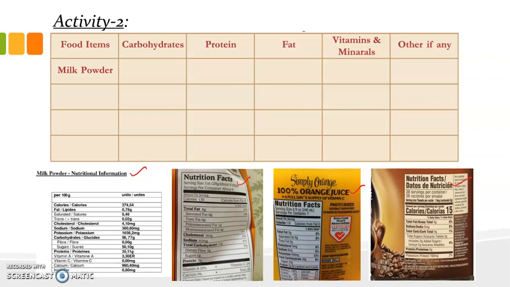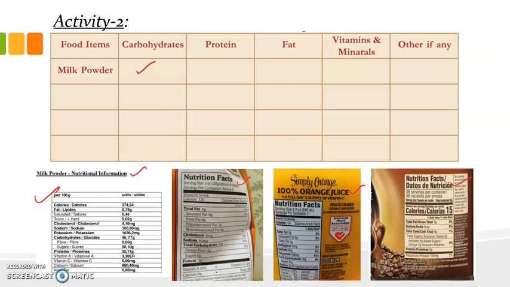For example, I will show you how to list out the components for a packed food item. First of all, milk powder. Observe the milk powder here. Here you will see the nutritional information about the milk powder. First they are asking, carbohydrates. Is carbohydrate present in milk powder? Yes, 56.77 grams, right.